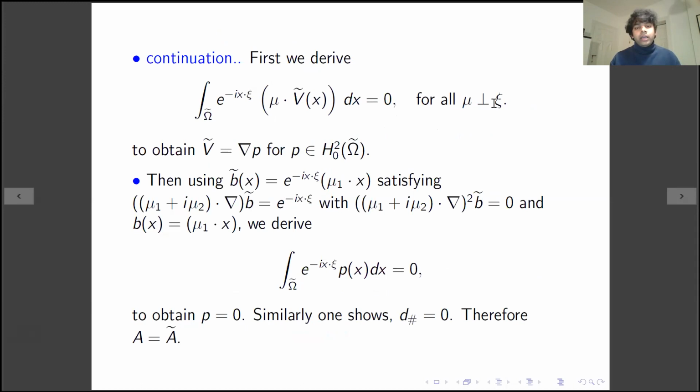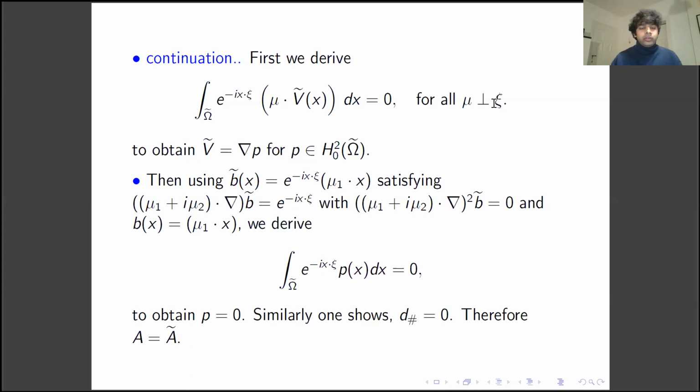So that is a very familiar form. From here we can derive that v tilde equals grad p, where p is a scalar function. And from here, you can actually conclude this p is 0.